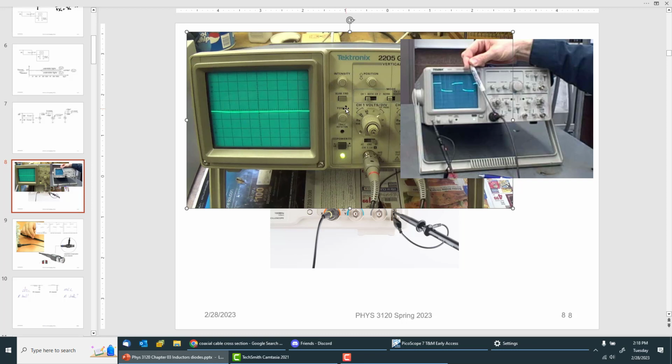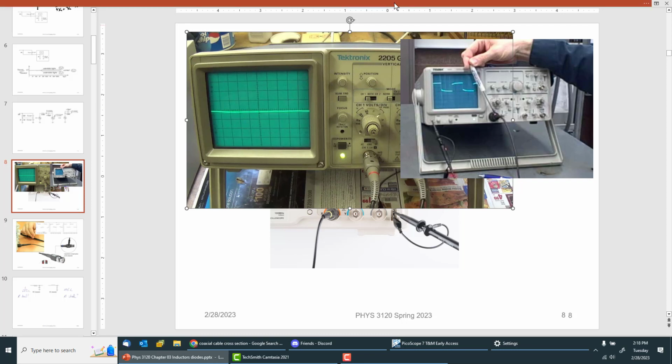So that's the hook thing, and some of them unscrew. I don't think any of you have the older ones that unscrew. But this is nice when you're testing a circuit. And if you happen to have an oscilloscope that only has a little hole, you can push it in. But just be careful not to torque it around.